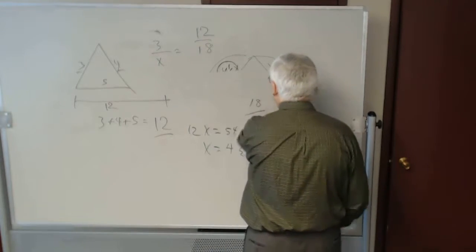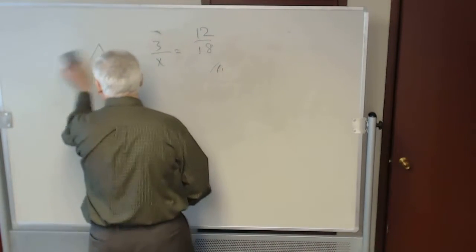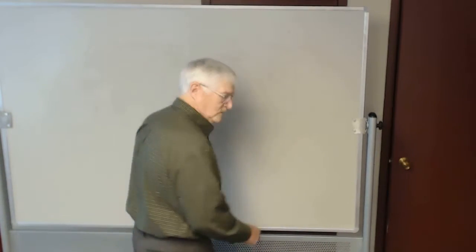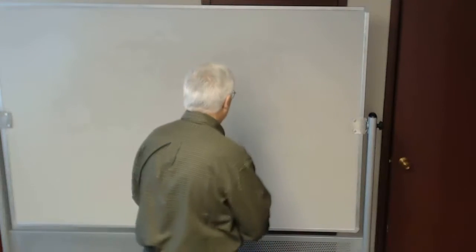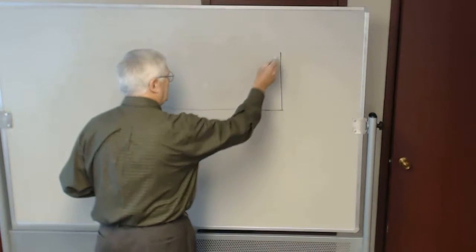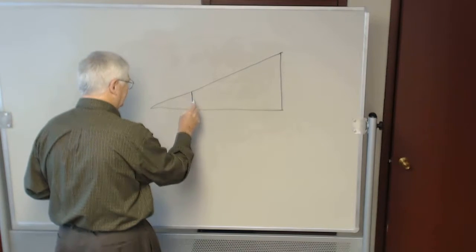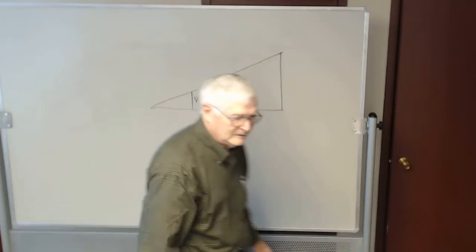So what do we have here? We have this. Which way is it drawn? Draw it the same way to keep it straight for you. Here's this flagpole. And we come out here. And we come out here. And right here is that 8 feet?